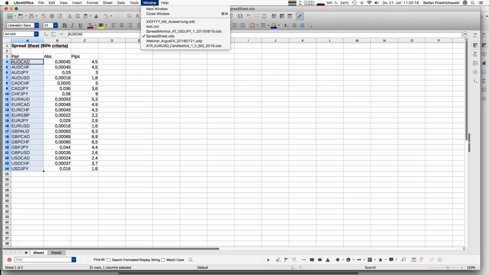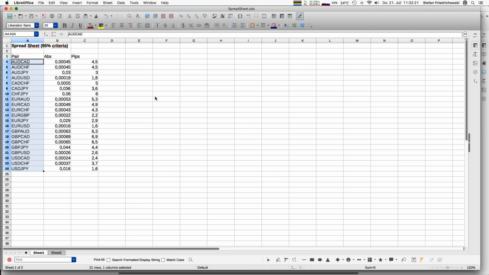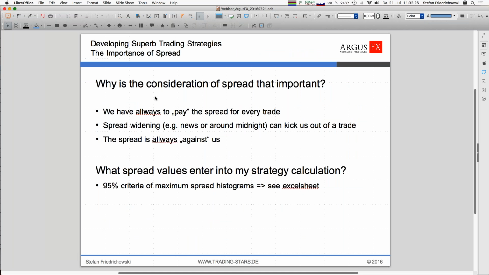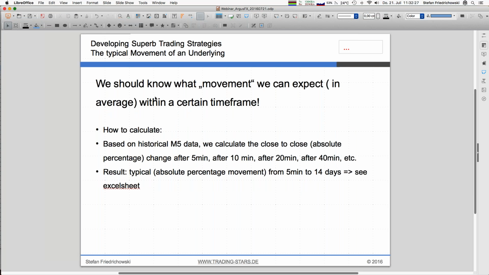The next question is, what is a typical movement of an underlying? What is a typical movement within a certain time scale? So what can we expect if we wait 10 minutes, 15 minutes, 1 hour, 1 day? The question is simply, what kind of movement do we have?